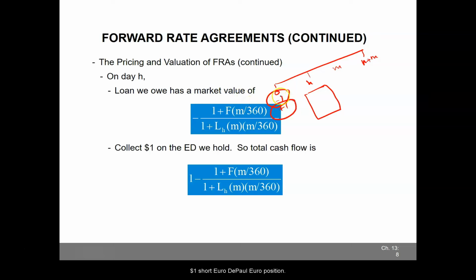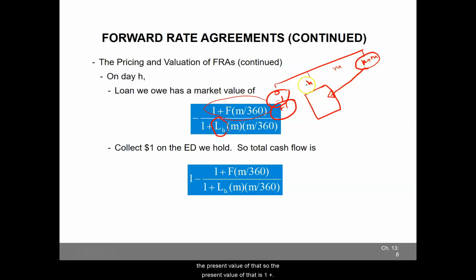The value of this $1 short euro deposit position will be equal to the present value of what we owe here, discounted back to time H, that is day H, at the LIBOR or interest rate prevailing on H day. So you see, we owe this much here on H plus M day, and since we are here on day H, we need to calculate the present value of that.